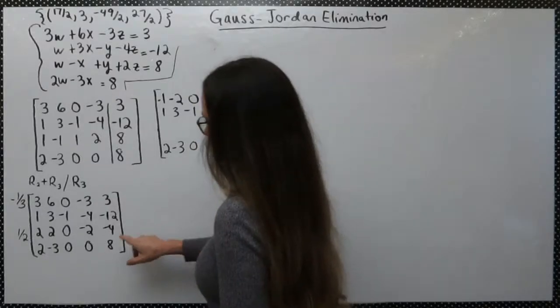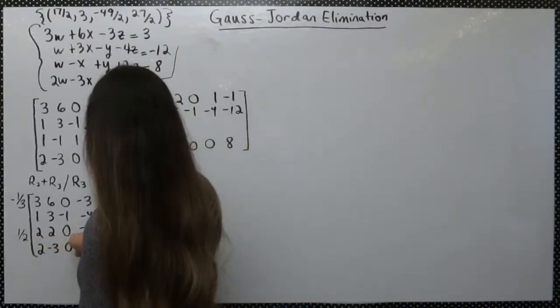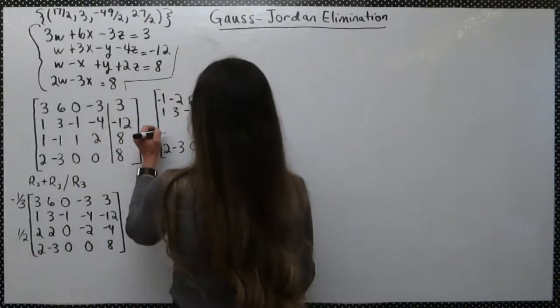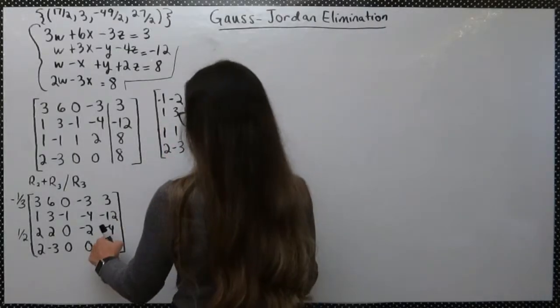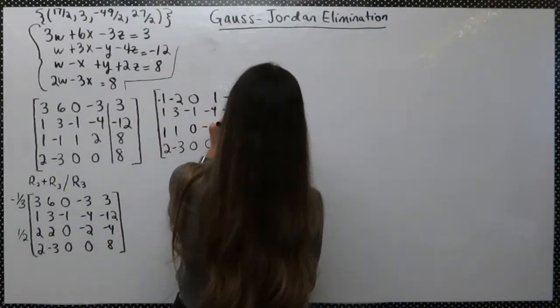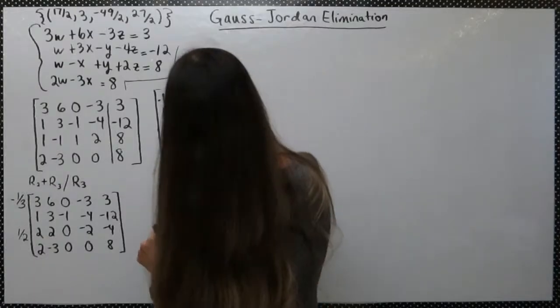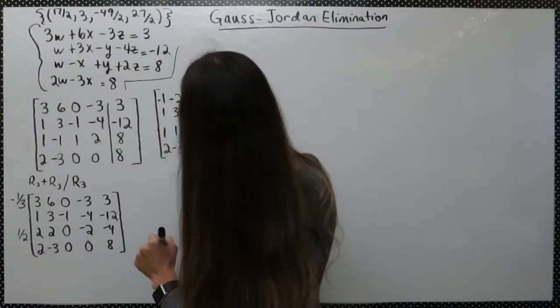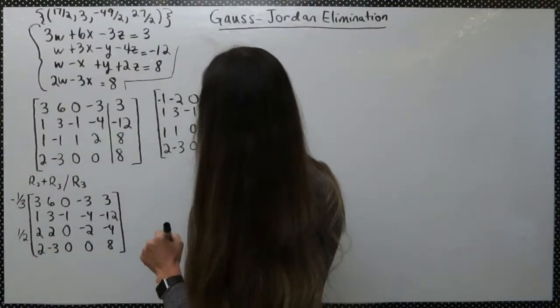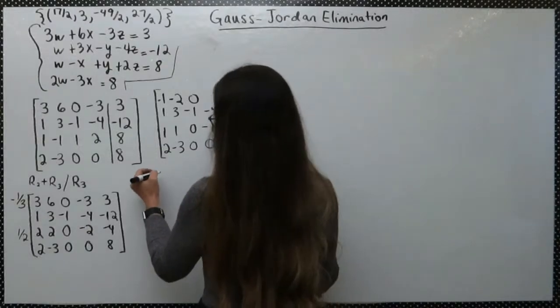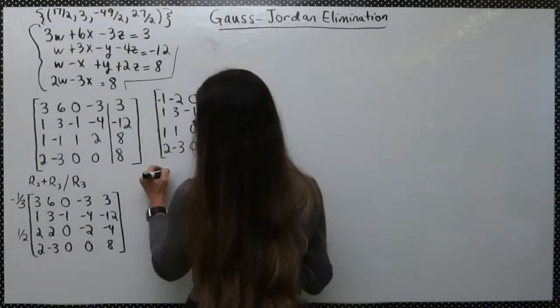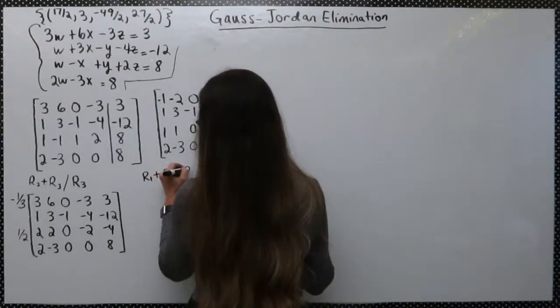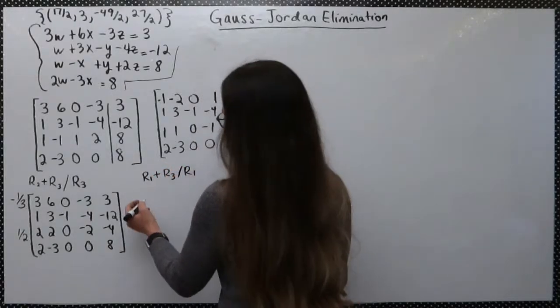All right, so we've got 1, 1, 0, -1, and 4 divided by 2 is -2. That way, when we add these two together, I'm going to have 0 here and I'll have 0 here. So we're going to add row 1 plus row 3, and we will replace row 1. We'll do that right here.